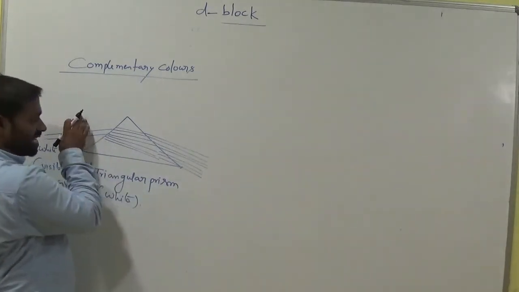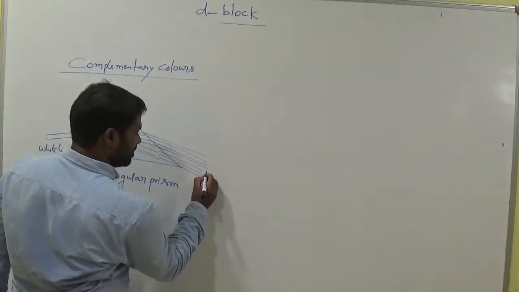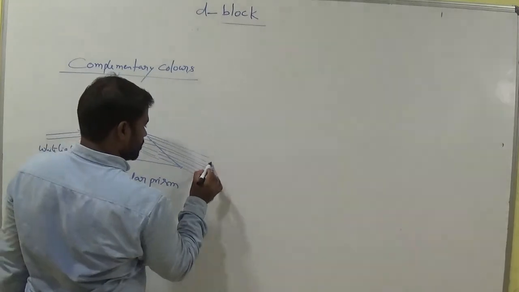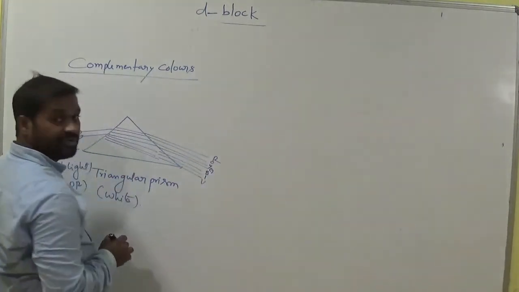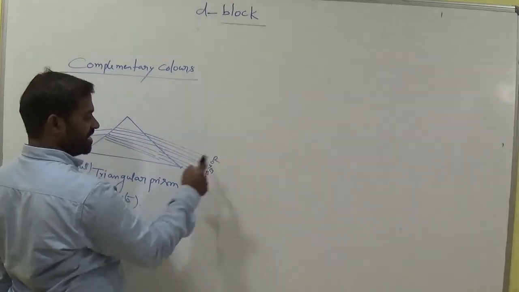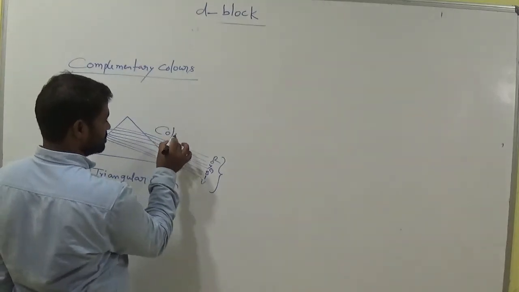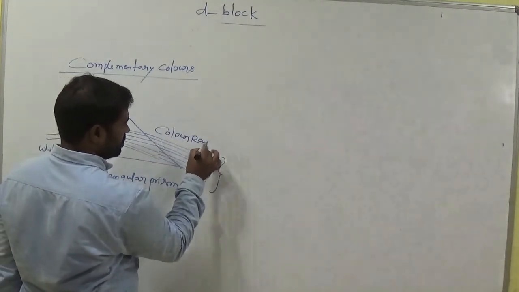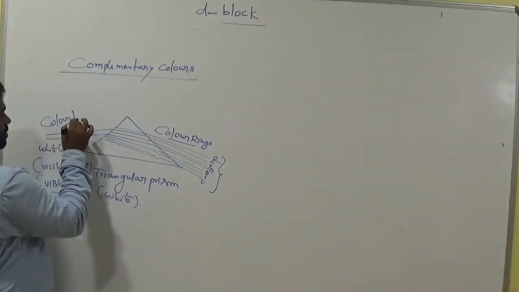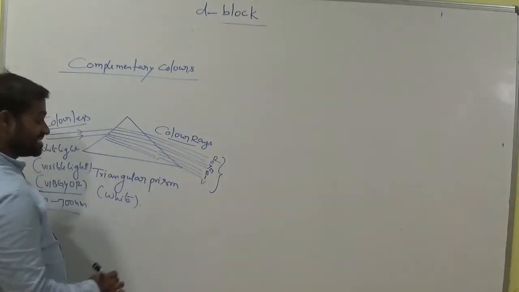This is actually colorless, and it can split into 7 lights: V, I, B, G, Y, O, R. VIBGYOR, 7 colors: violet, indigo, blue, green, yellow, orange, red. These are the 7 color rays. This is colorless, am I right? This phenomenon is called dispersion.